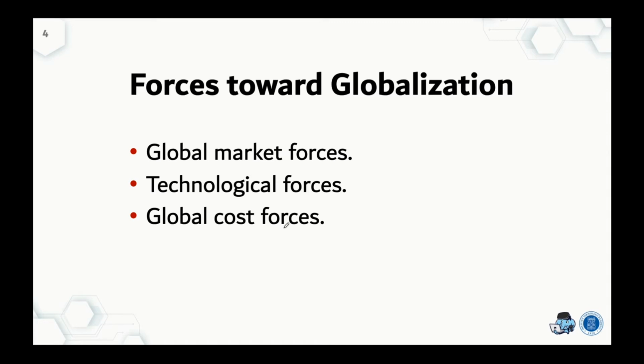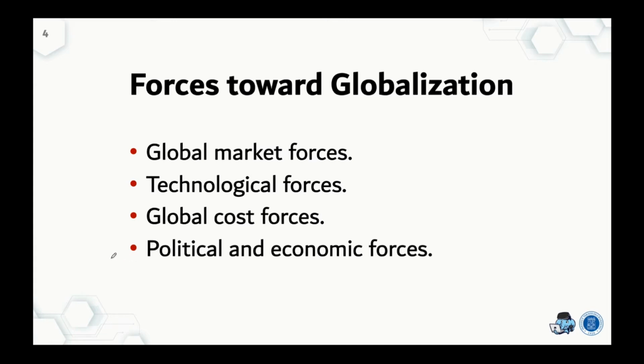Global cost forces are also one of the reasons companies go global. They try to find places where they can reduce cost, especially the cost related to the workforce. And political and economic forces: the company tries to find places with political stability and get benefits from the economic aspect.